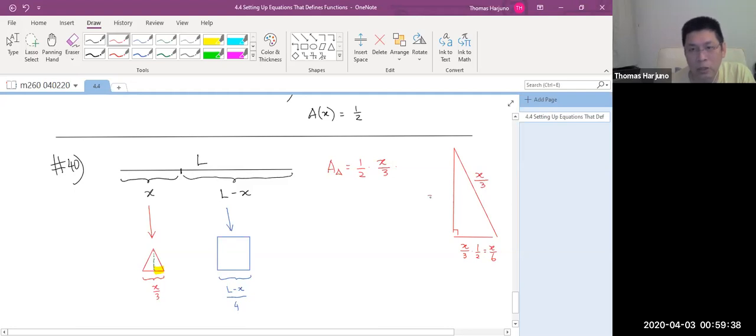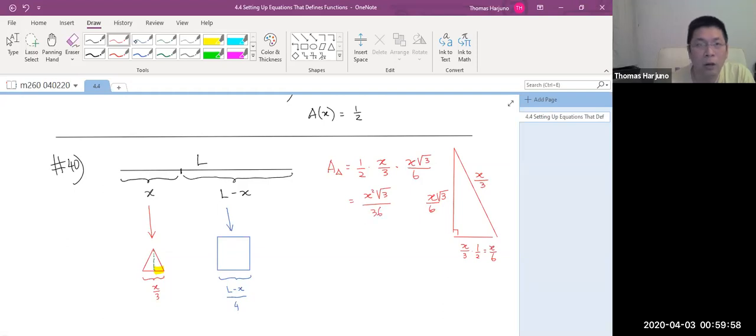So this will be x over 6 times square root of 3. That's the height, x square root of 3 over 6. That gives me x squared square root of 3 over 36.